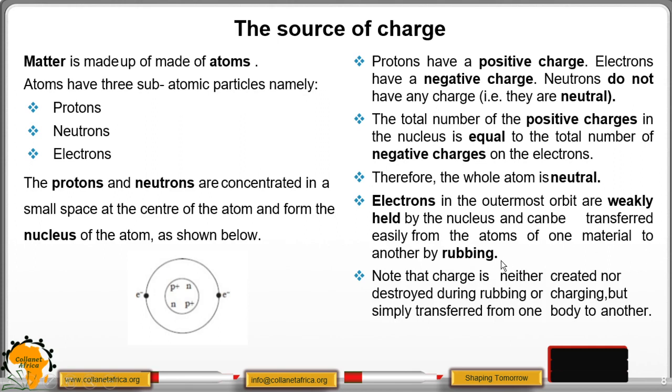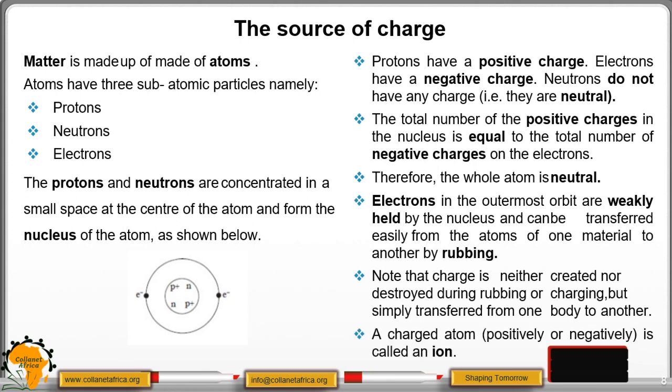Note that when we are rubbing, we are not destroying charges, or creating charges. All we are doing is transferring the charges from one atom or from one material to the other. We cannot create, we cannot destroy charges. We just transfer them from one body to the other.